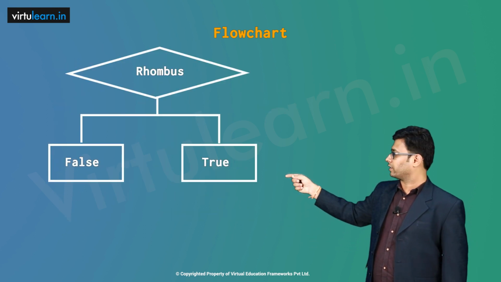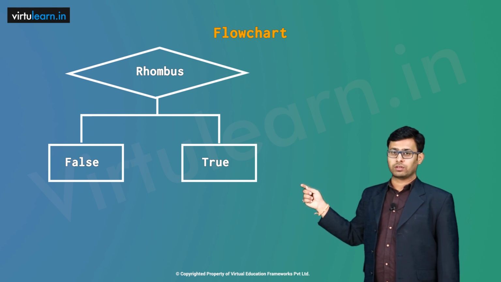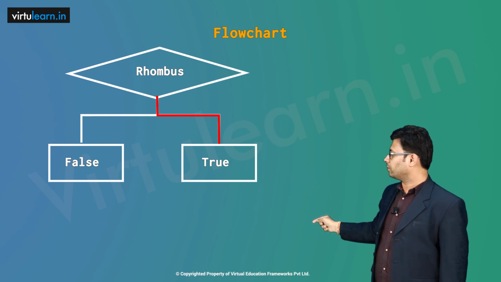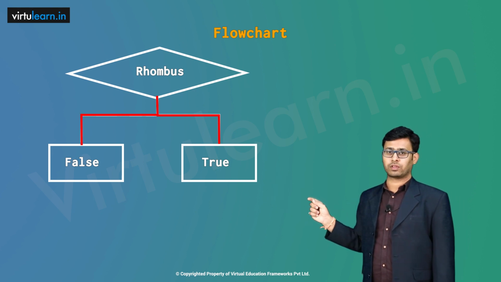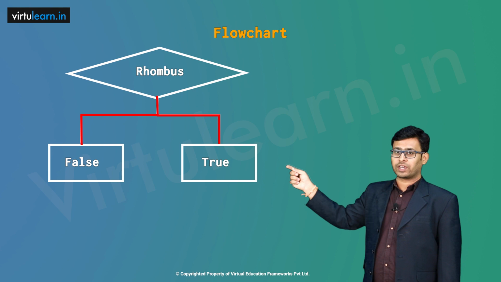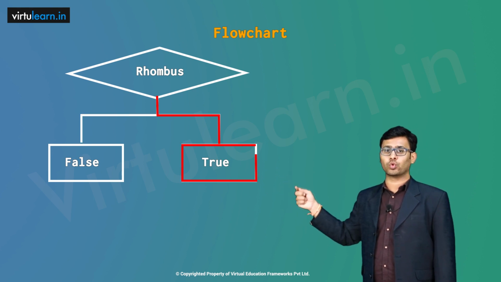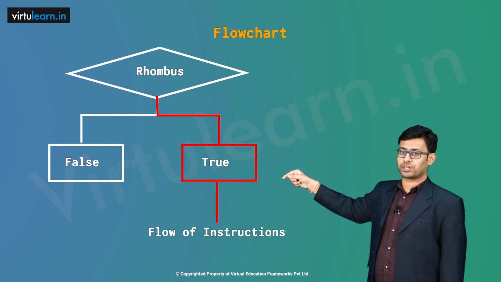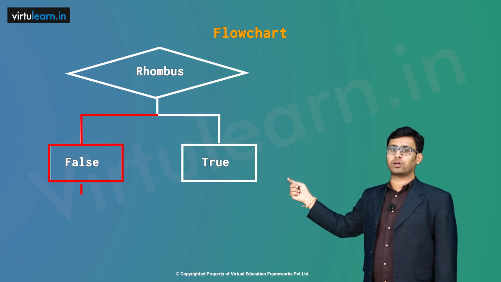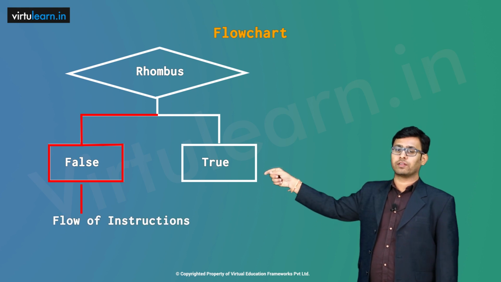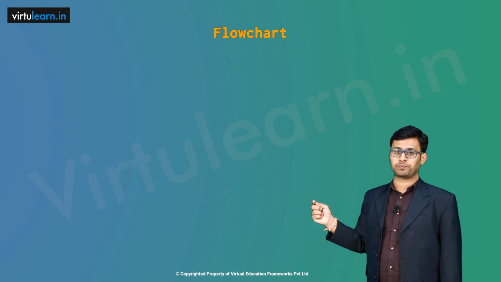So you can show the branching: true on the right hand side, false on the left hand side. If the condition specified within the rhombus is true, then your flow of instructions will be on the right hand side. If it is false, then your flow of instructions will be on the left hand side. So this is how a rhombus works.